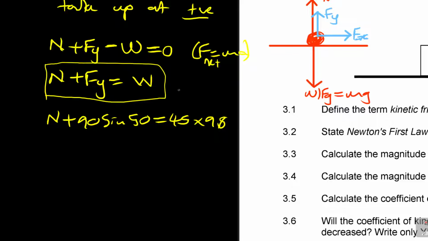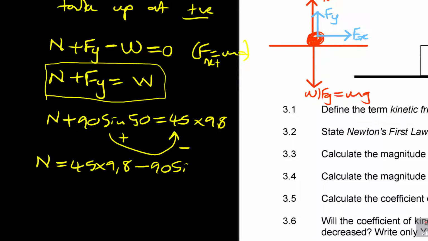So now take this to the other side, so you get your normal force, which is 45 times 9.8. Now this was positive, it becomes minus. See, from positive jump the equal sign, becomes minus, so it's negative 90 sine 50. Then you can have the normal force being what?